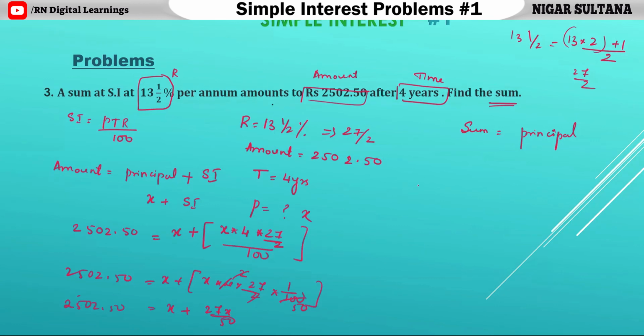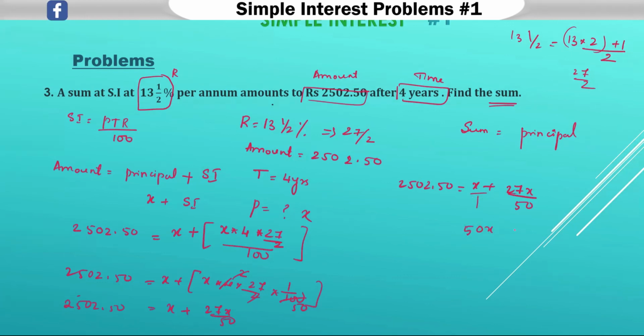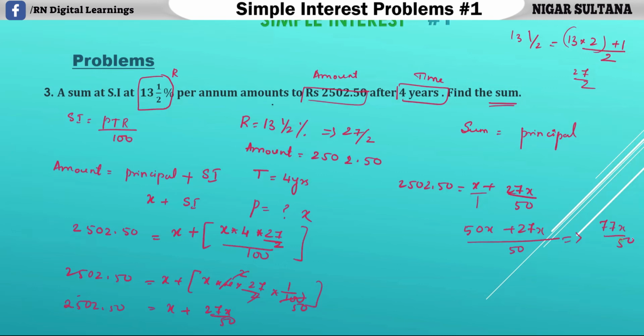2502.50 is equal to X plus 27x divided by 50. Cross multiply, 50x plus 27x divided by 50. We will be getting 77x by 50.